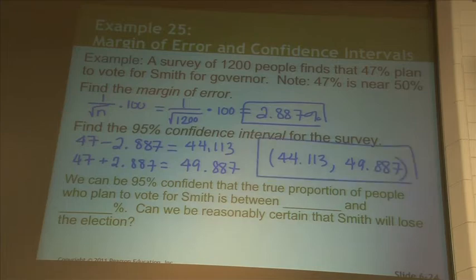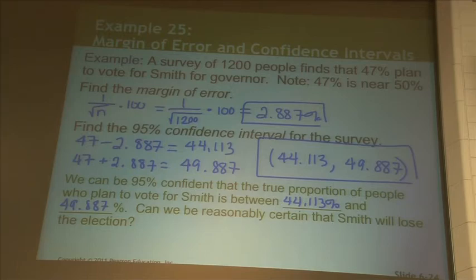What that tells us, we are 95% sure that the true proportion of people who plan to vote for Smith for governor is between 44.113% of the voters and 49.887% of your voters.